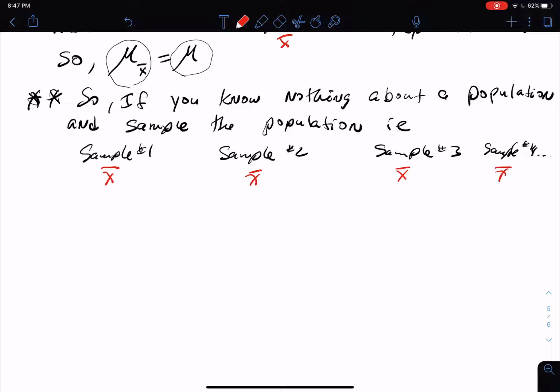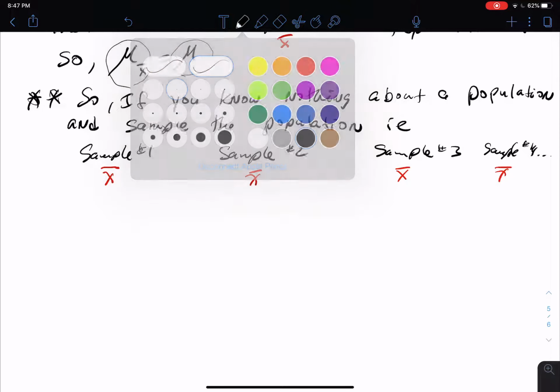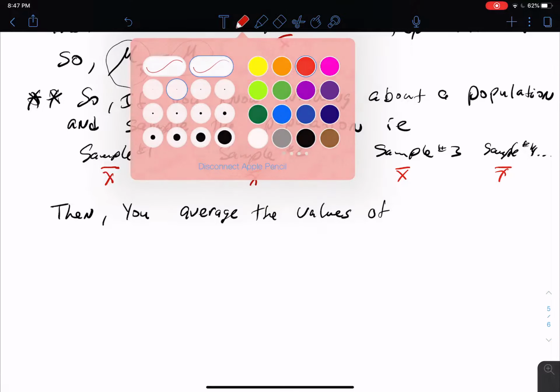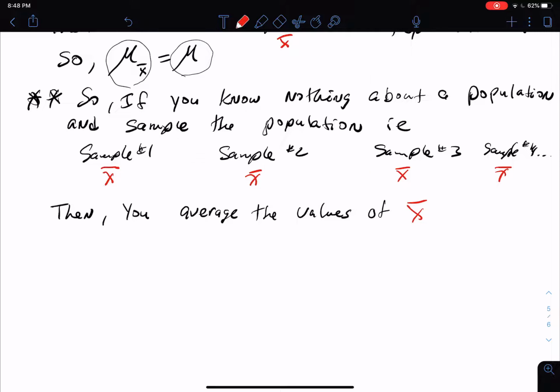Okay. Then, just restating what I said before, you average, or take the mean, of the values of the X bars. We use this notation.